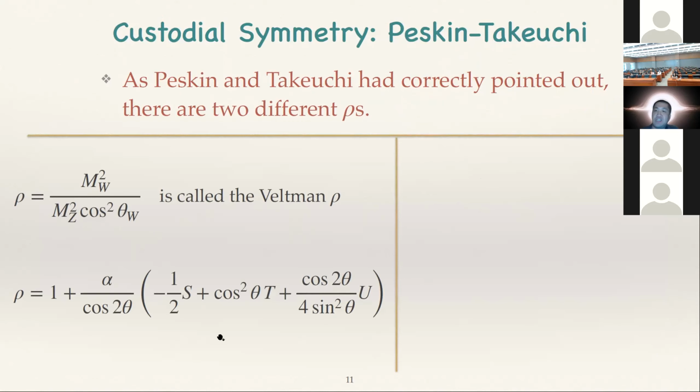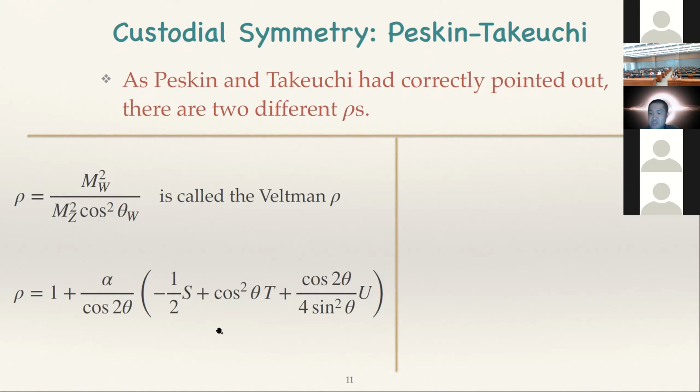From Peskin and Takeuchi's original paper, rho is 1 plus this expression, which has the S parameter, the T parameter, and the U parameter. All three, S, T, and U, contribute to the rho parameter, not only T. So saying rho is just 1 plus alpha T is too naive.